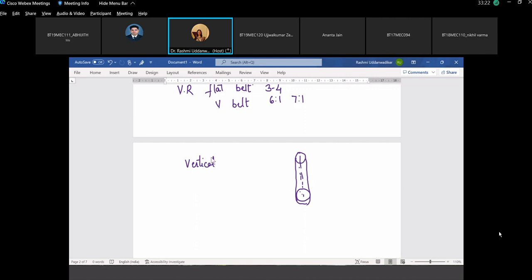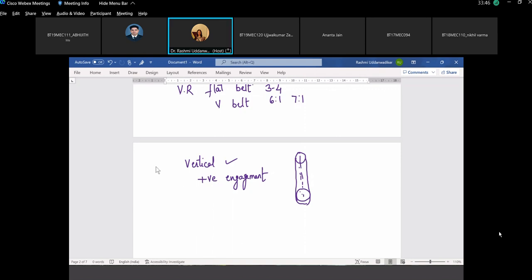But with V belt, this vertical arrangement is possible. That is another advantage because this is working more like a positive drive. It is like a positive engagement due to the groove. We have to consider the effect of inclination, and that part we'll see while selecting a belt drive.